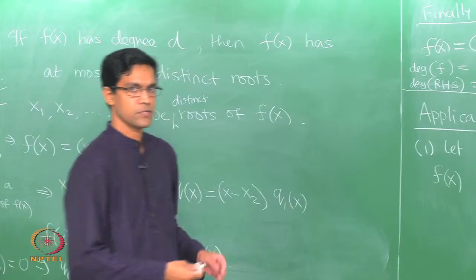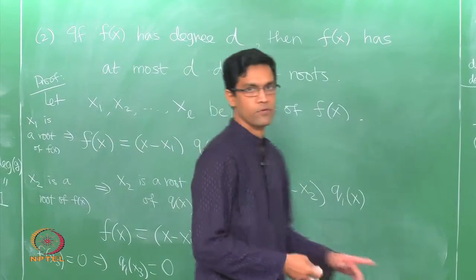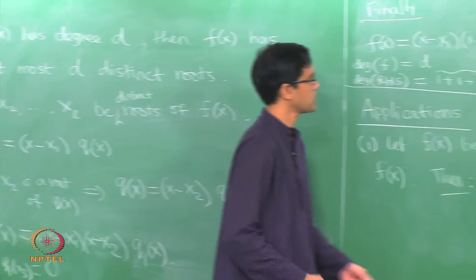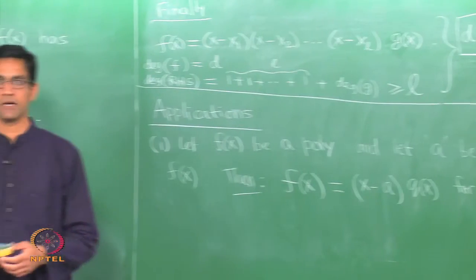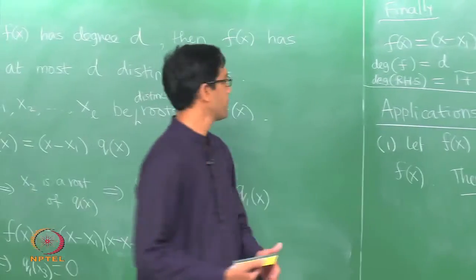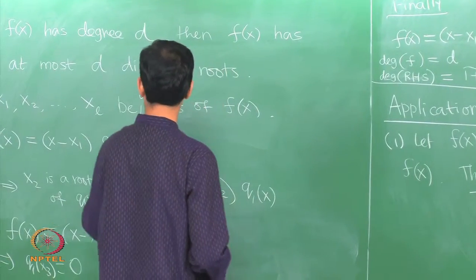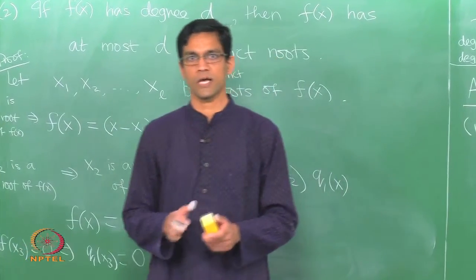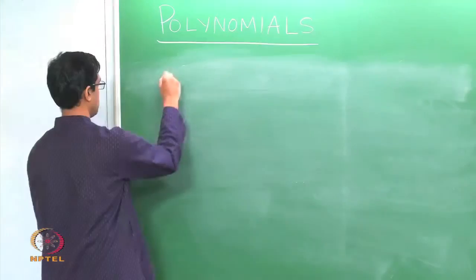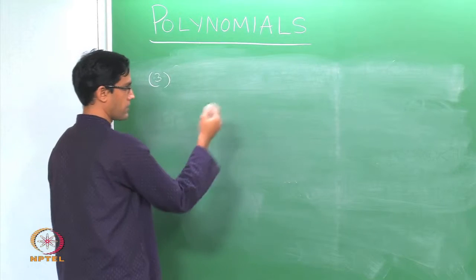Okay, so just one final thing before we end this small lecture. This has one very nice consequence, a different way of rewriting the same thing. It says a polynomial of degree D is determined by its values at D plus 1 points. So view it as another application of the same thing.